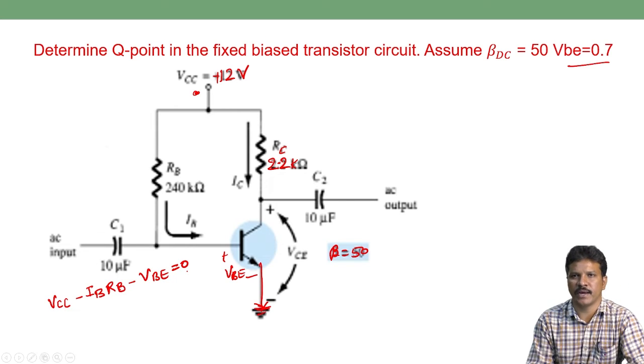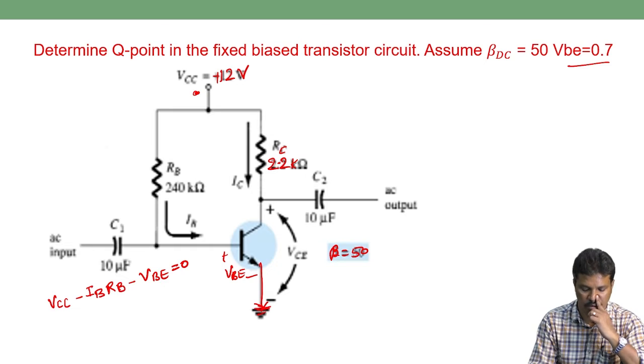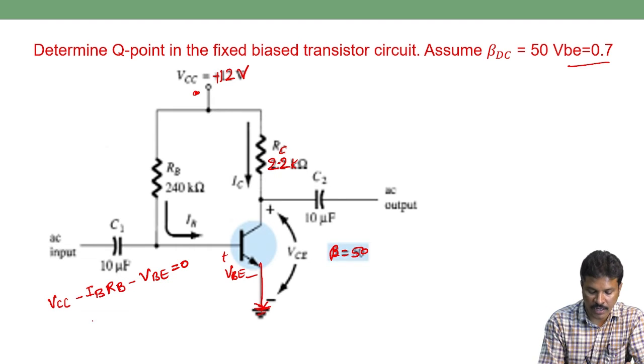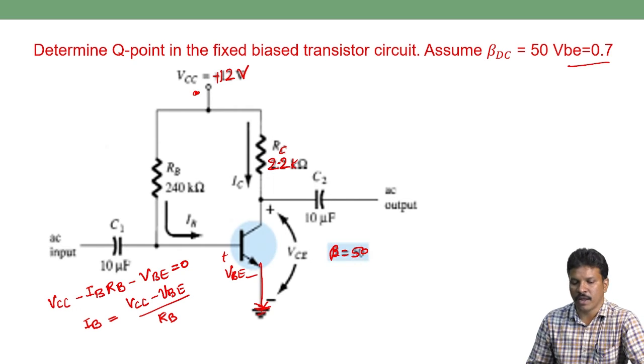This is the Kirchhoff voltage law applied at the input loop. Then extracting the IB from this equation, IB is VCC minus VBE divided by RB. This is the equation for IB.